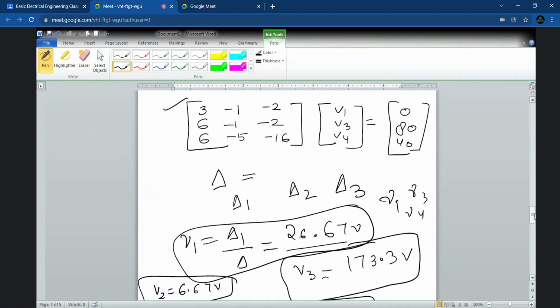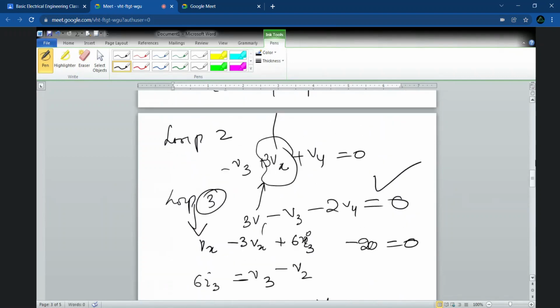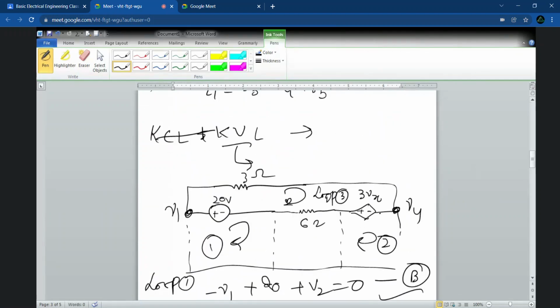Loop 3 equation I will write again. For loop 3, first let's come to the circuit. Yes, this is our circuit now. So for this loop 3 we need to write the equation. So it is Vx, because here it is Vx. That will be across this.